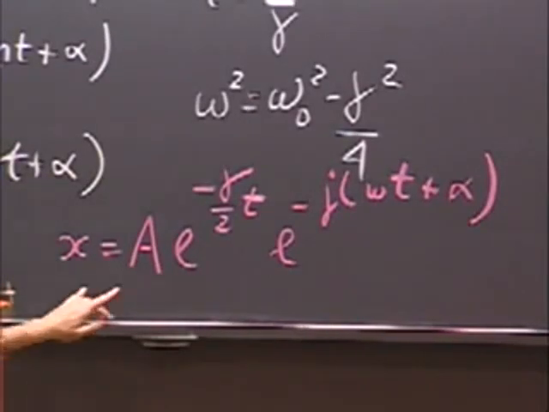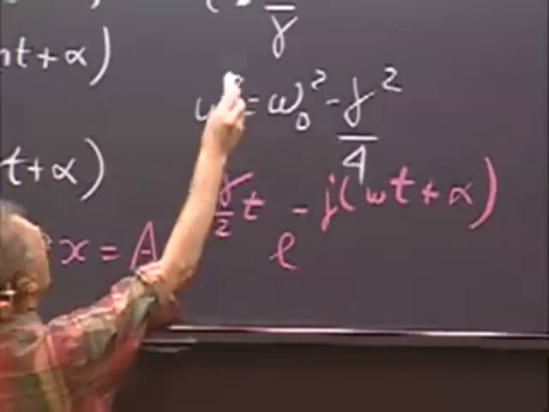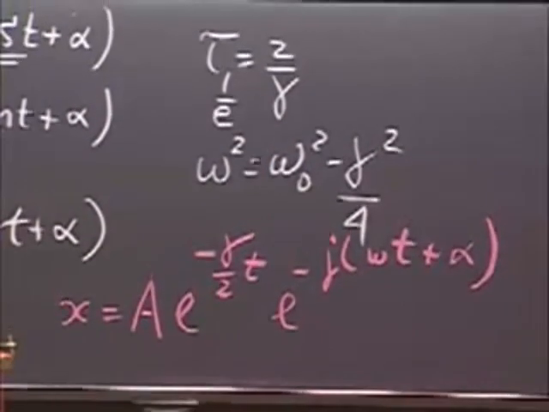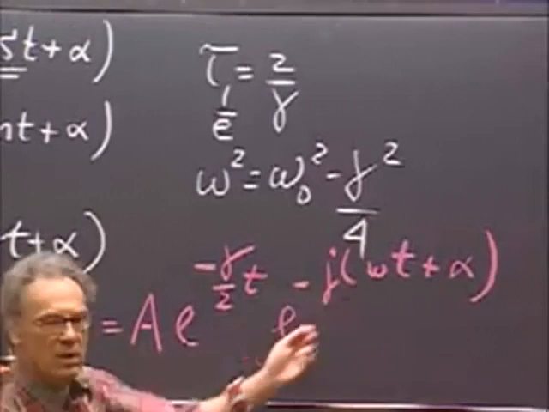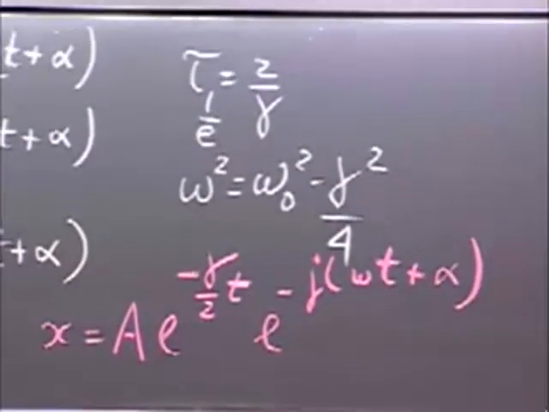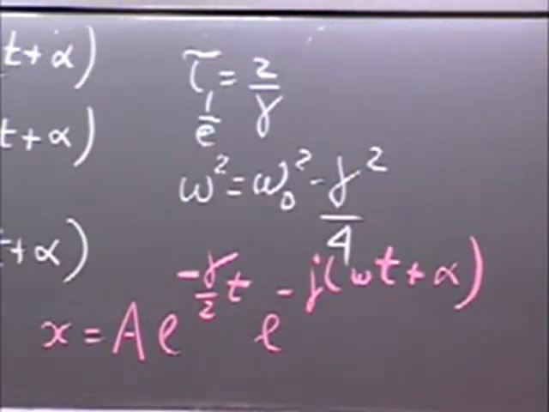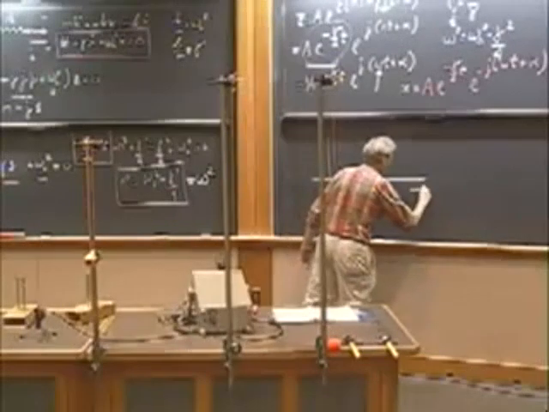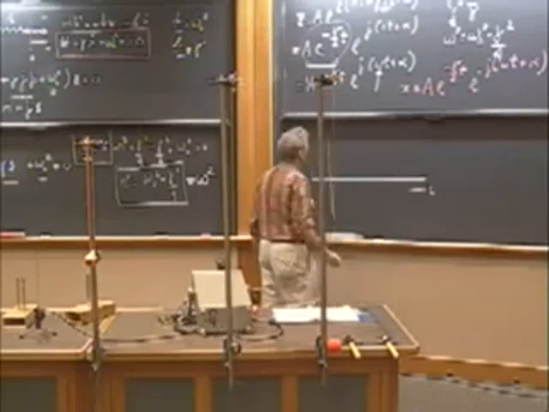And so you see that this amplitude is going to die out with a 1 over e decay time of 2 over gamma seconds, and that the frequency is lower than the frequency of the undamped system. I try to make a plot. So here is t, and here is x.